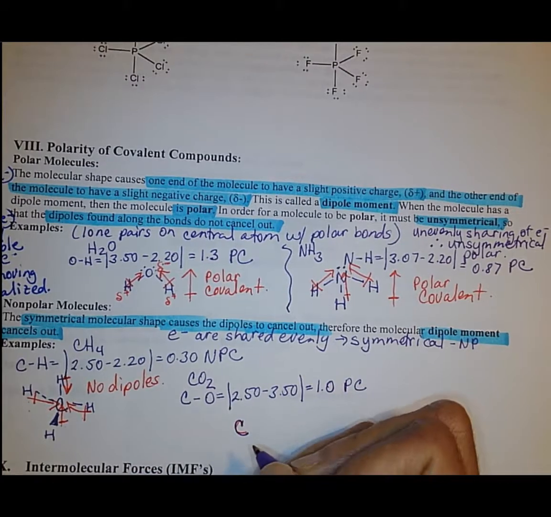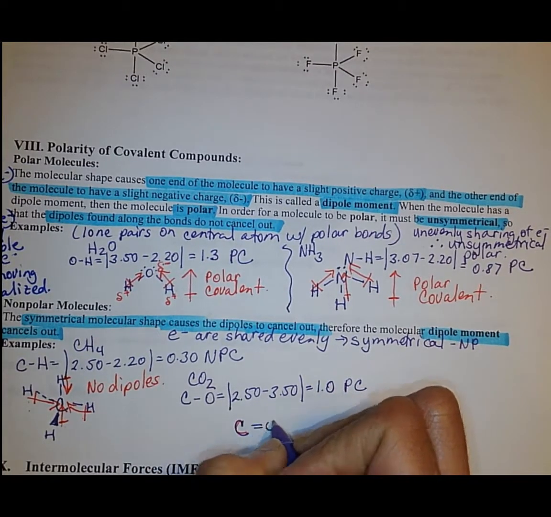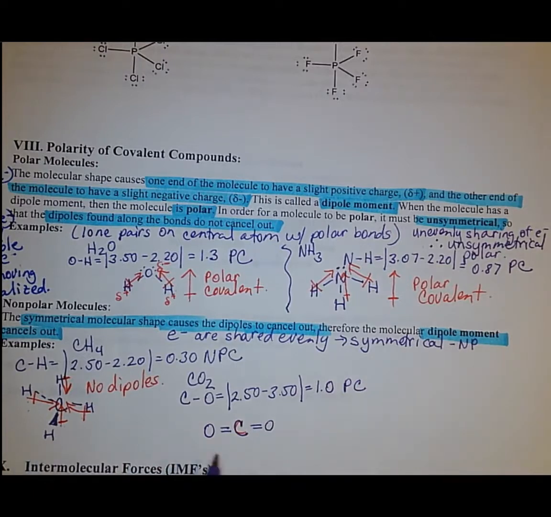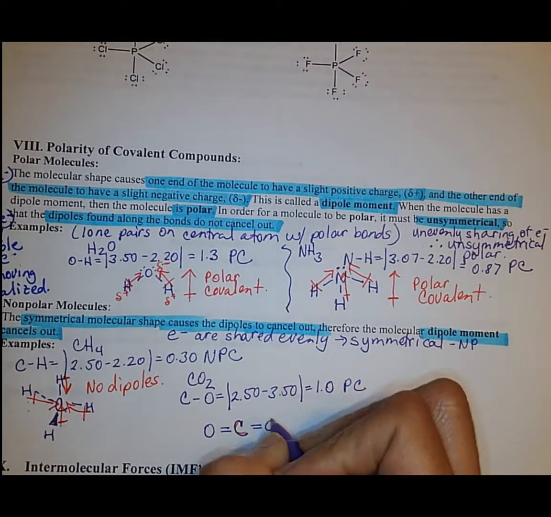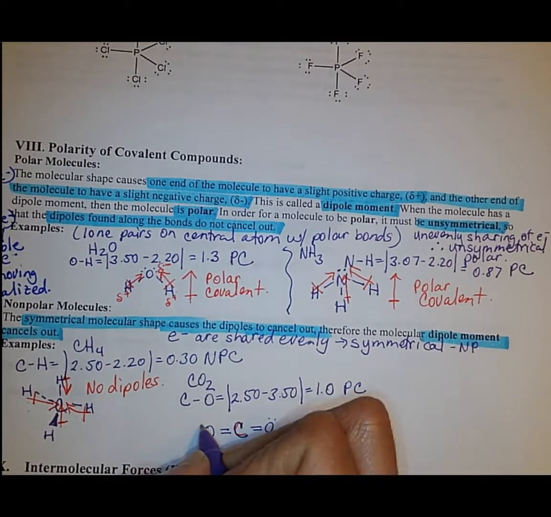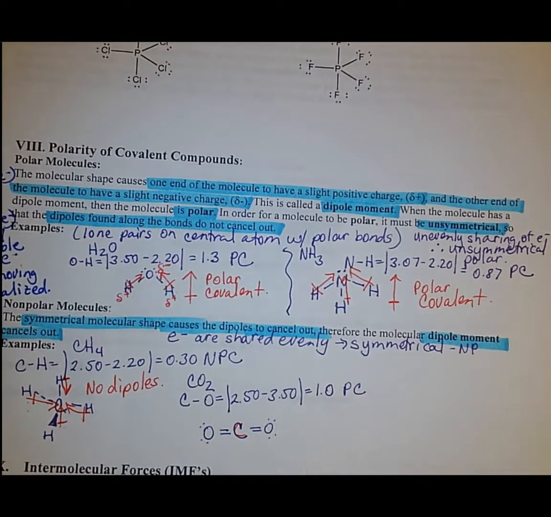So we've got our carbon, double bonded to the oxygen. In this case, unlike the methane right here, notice that the most electronegative element between carbon and oxygen is clearly oxygen. Oxygen has those lone pairs that are pulling the electrons from carbon. Also, oxygen tends to have a greater electronegativity.